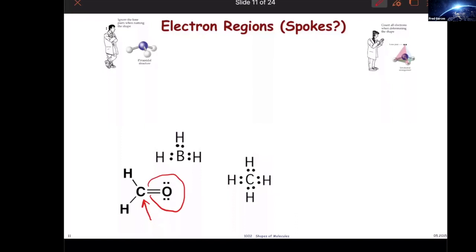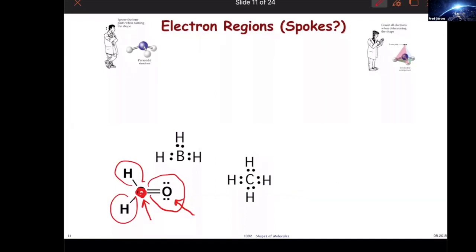So that's 1 domain, 2 domains, 3 domains. Do not confuse yourself with the electrons on that oxygen. That's not a central atom, so that doesn't count. You're only looking at the central atom right here, and you're looking at how many spokes are coming out of that central atom.